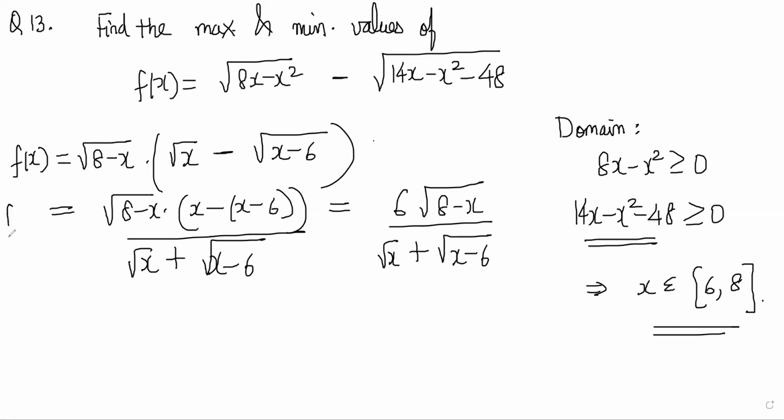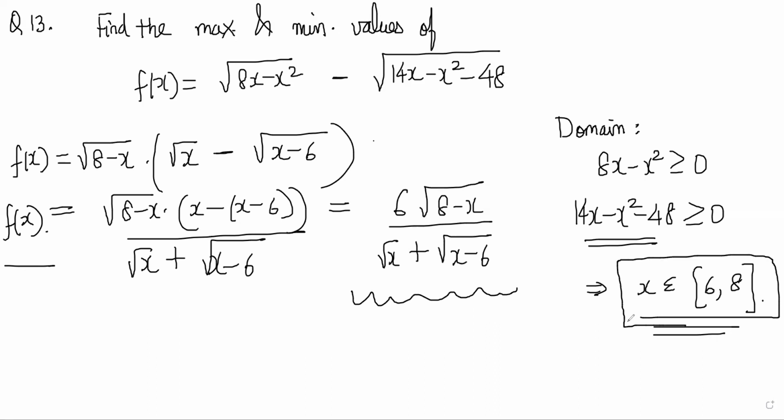Okay. Why am I writing this function like this? Because if I write this function like this, it is obvious to figure out the maxima minima of this function without doing calculus. I'm showing you a method which does not involve calculus. Calculus methods are available, but it will be a little long. It will be longer than what we'll do here, right? So think about it. The function is defined only from x goes from 6 to 8.